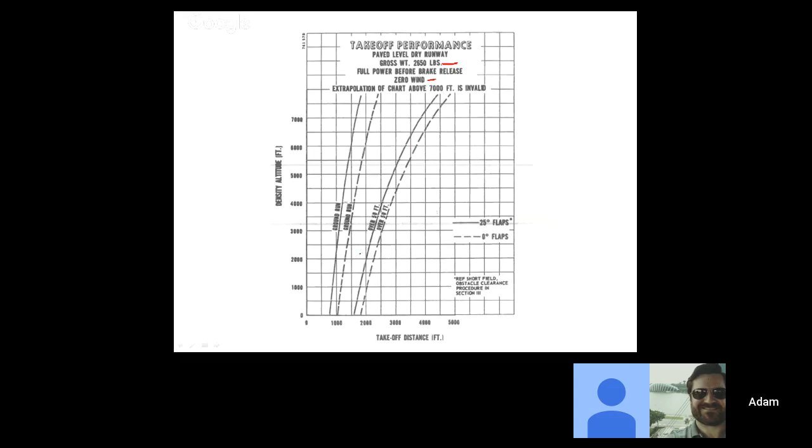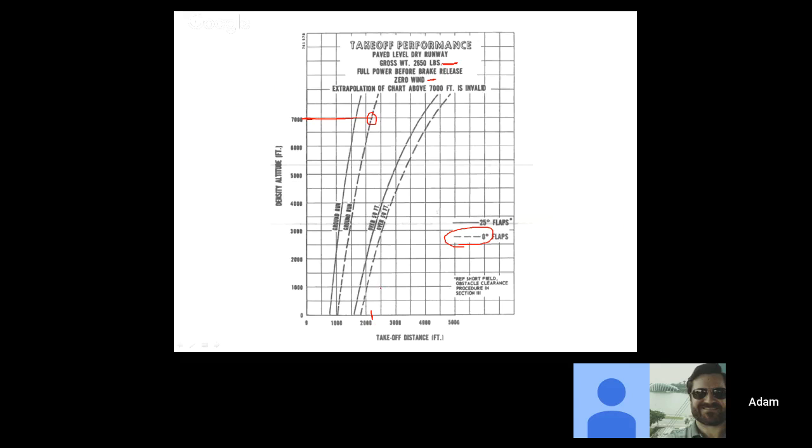Okay. So in this example, if I've got, call it, a 7,000 foot density altitude, come over here, and what do we got here? This is 25 degrees of flaps. We'll assume 0 degrees of flaps. So I come over here, and I find out that for my ground run, I'm going to need at least 2,000 plus feet, maybe 2,200 feet.